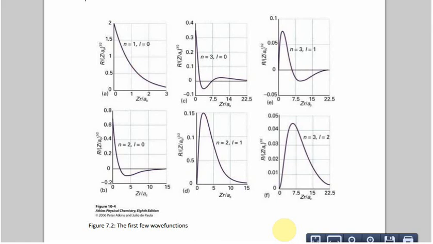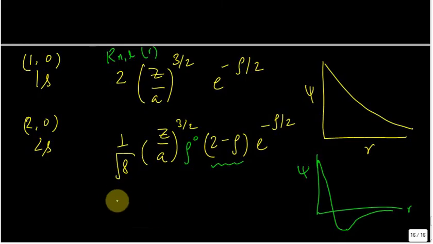How do I get that particular point? All that I have is 2 minus rho equals 0. This is the only one that cuts across. The rest of them do not go to 0 at any other point, only at infinity. So if you wish to find the position of the node, you use this.